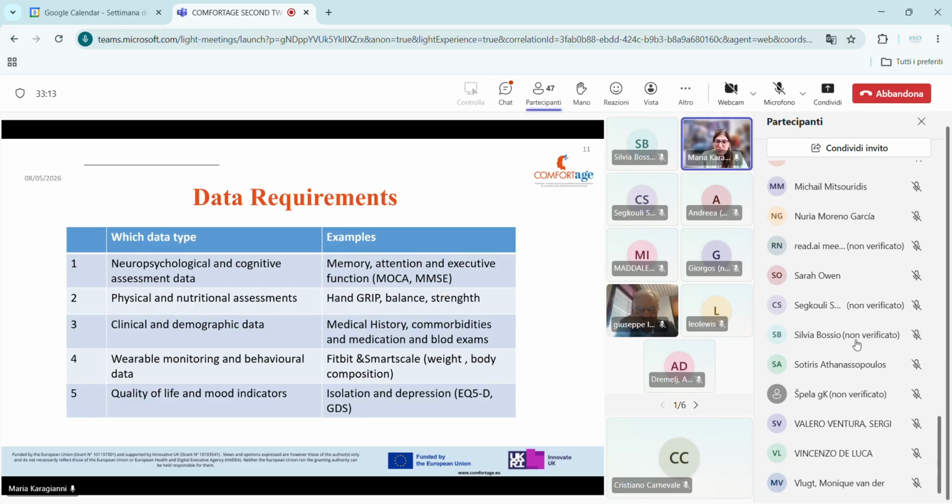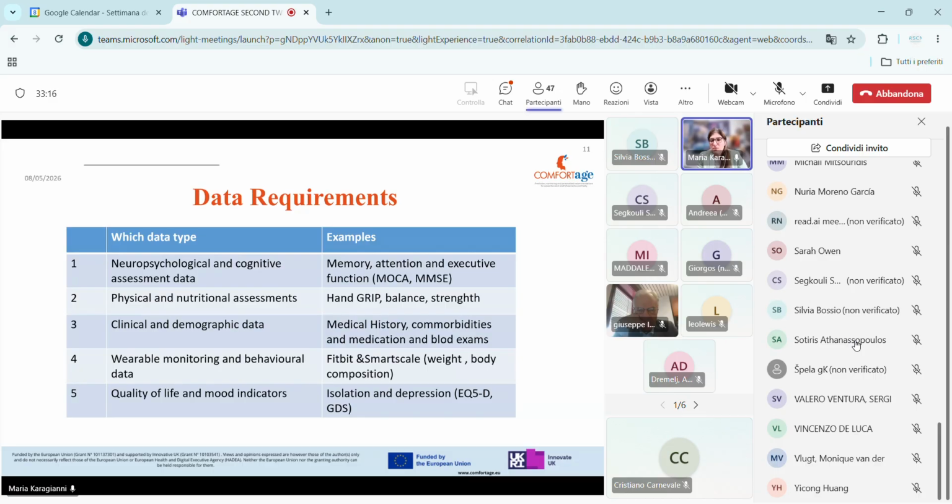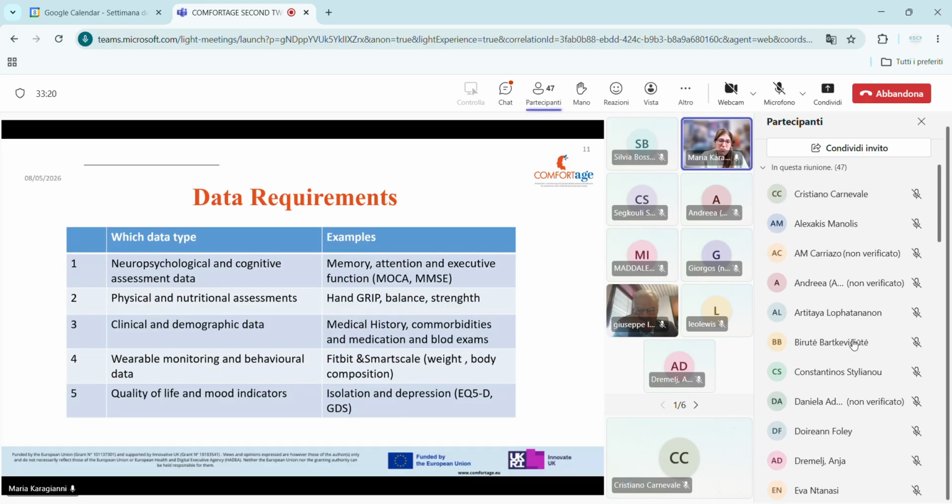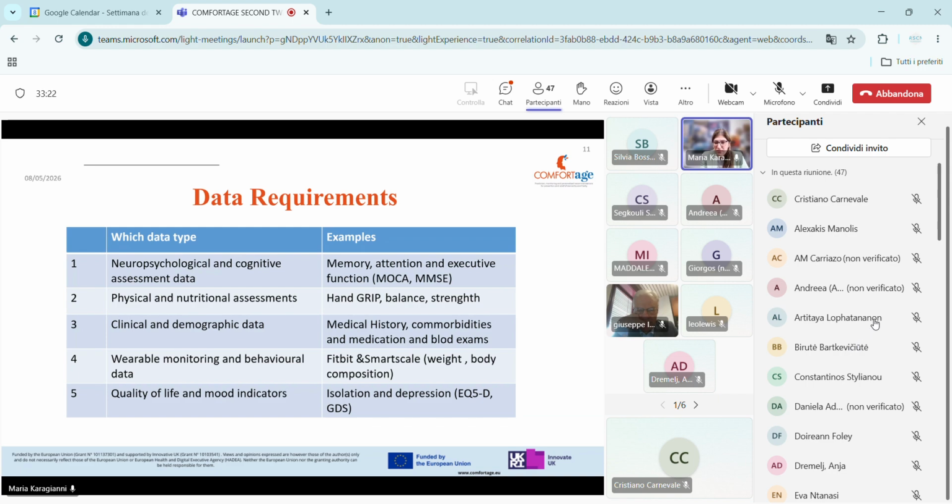Clinical and demographic data about medical history, comorbidities, medication, blood exams. Wearable monitoring behavioral data, the Fitbit, the smart scale for the weight and body composition. We also measure quality of life and mood indicators that have to do with isolation, depression. We want to see how that affects their lives.